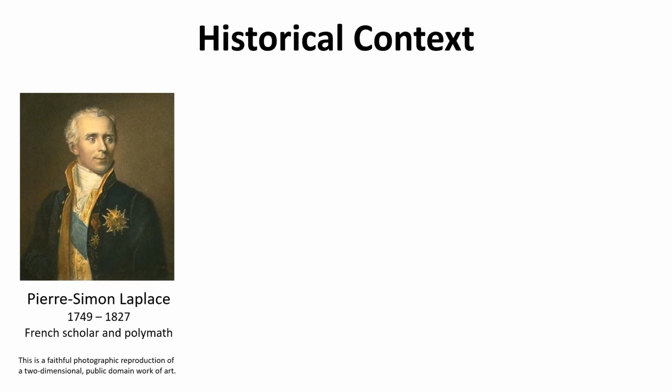To start with some historical context, the Laplace transform is named after Pierre-Simon Laplace, 1749 to 1827, who was a French scholar and polymath. Around this time there were lots of scholars working on mathematical problems just out of curiosity, seeing what would happen with different equations.